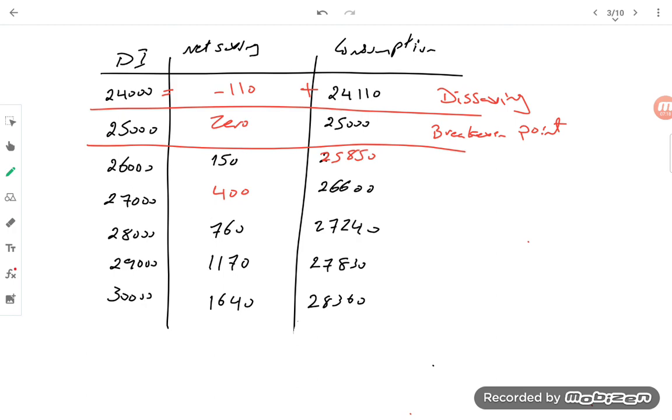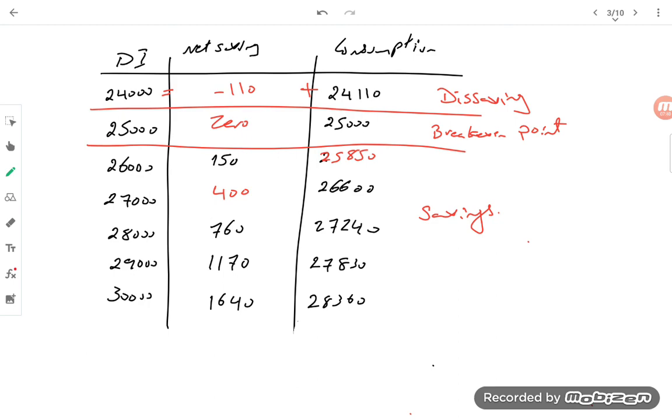After that, in all points you can find that disposable income is greater than consumption, so we have savings, or positive savings. So these are the three main areas: dis-saving, break-even point, and saving.